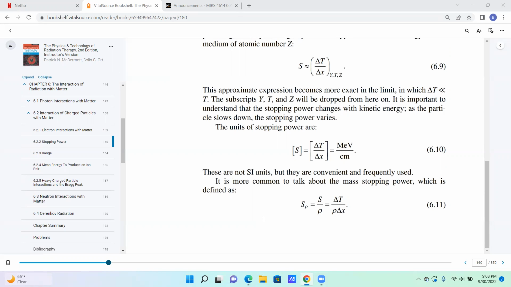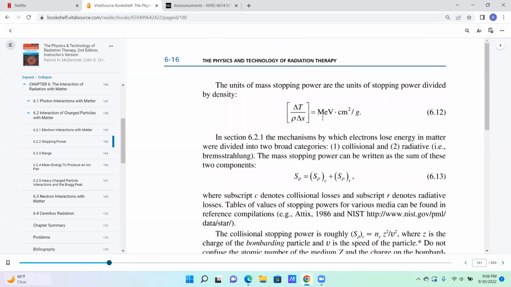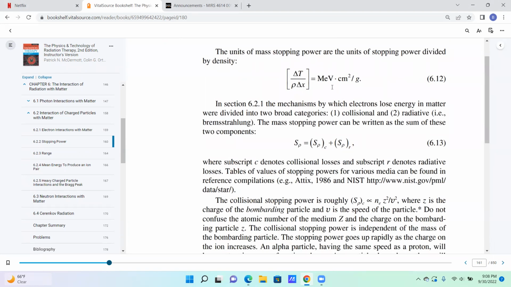And so when we take the stopping power and divide it by the density, we end up with the mass stopping power. And again, when you take MeV divided by cm and divide that by density, which is going to be grams per cubic centimeter, these are the tortured units that you end up with.